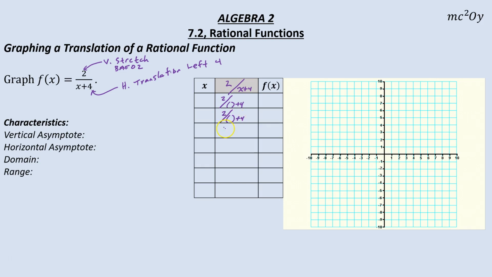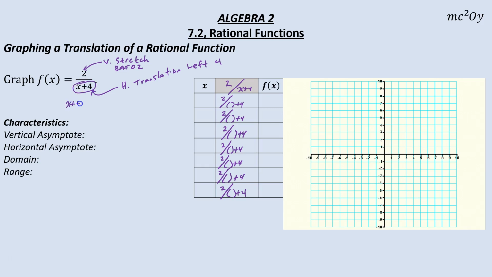You want to make sure you know that the whole x plus 4 is in the denominator there. So remember that. So now you've got to ask yourself again, what is going to make that denominator equal 0? Because that is your vertical asymptote.